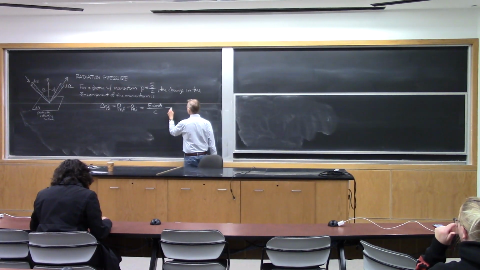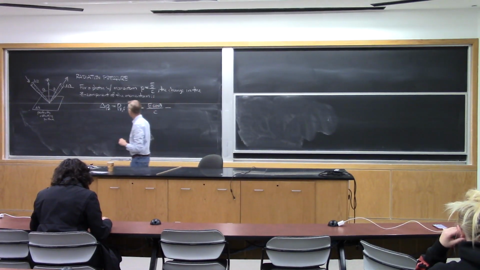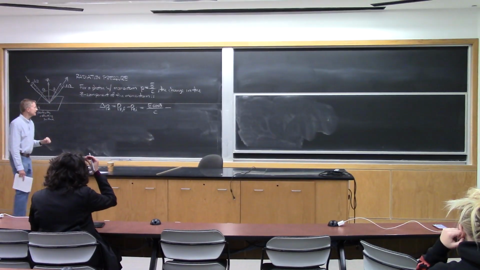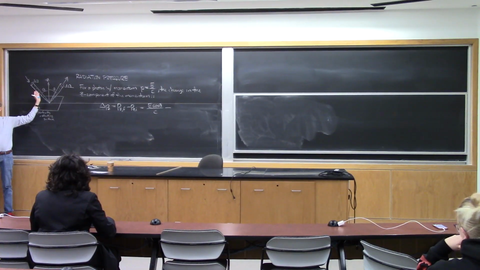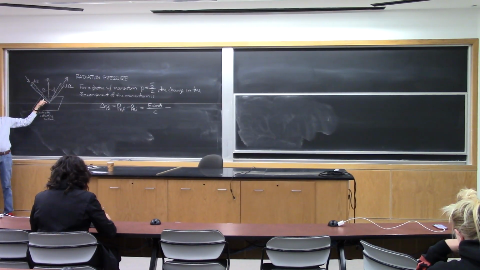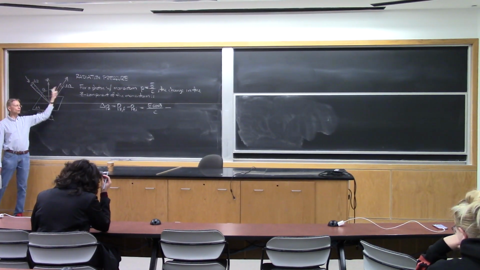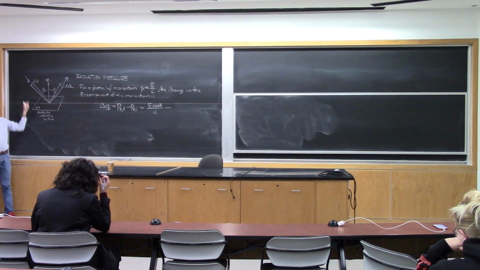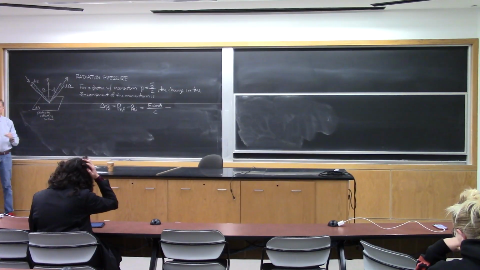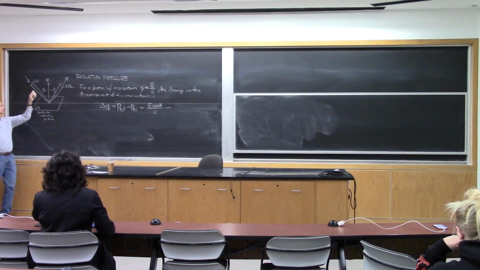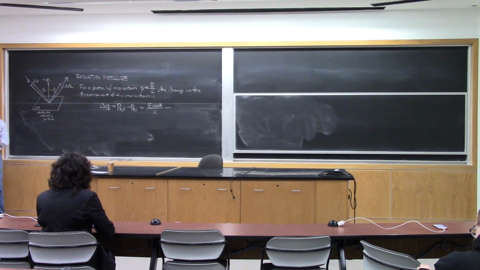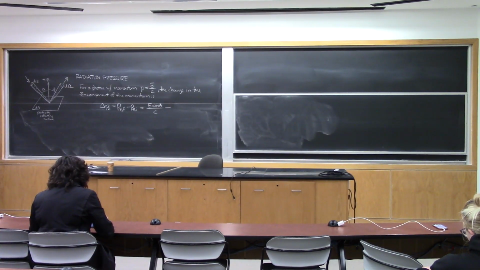And for PZ initial, what's PZ initial? If PZ final is E cosine theta over C, what is PZ initial? Plus or minus? PZ initial is the incoming Z component of the photon's momentum. PZ final is the outgoing Z component. It's negative because it's moving downwards and we're choosing plus Z to be upwards in our picture.